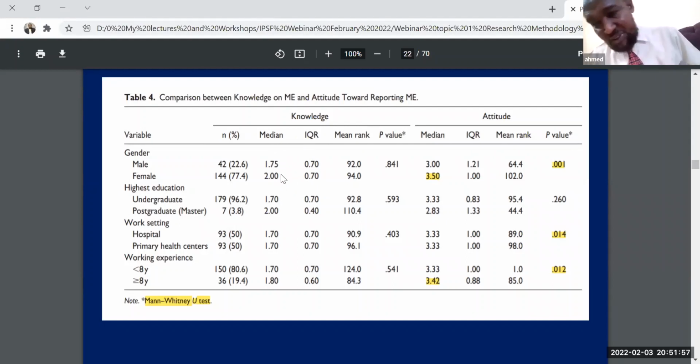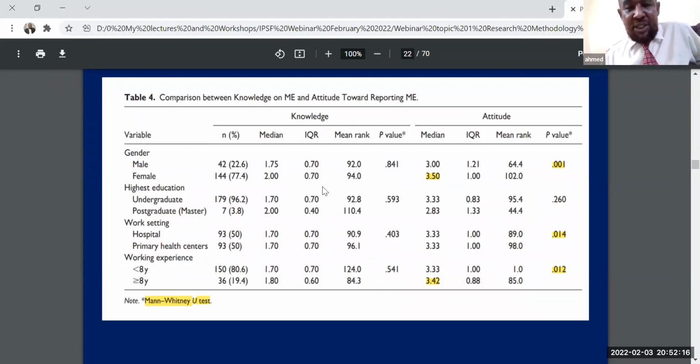We use median when the data is not normally distributed or assumed to be not normally distributed. Normally, they check normality of data. There are many ways to check normality, but if we assume the data is normally distributed, we present data as mean and standard deviation.